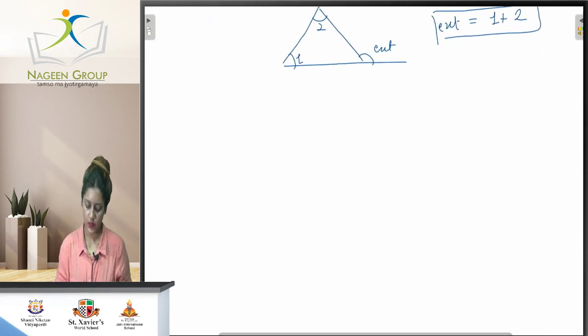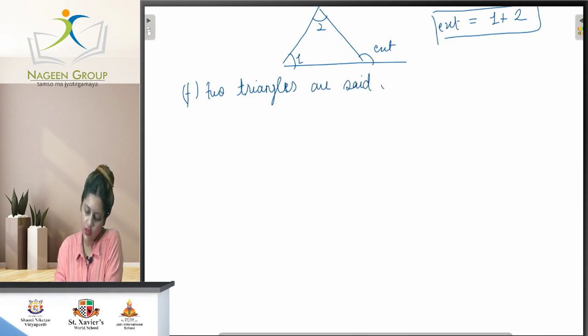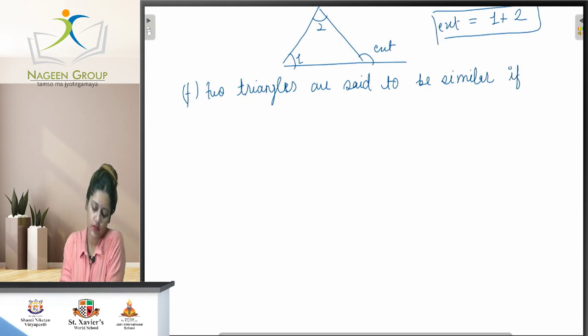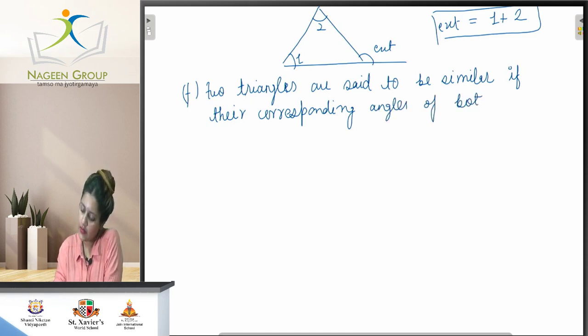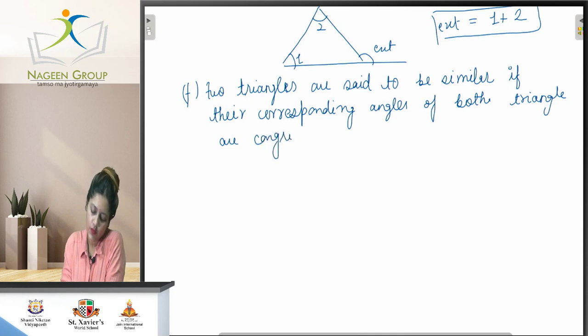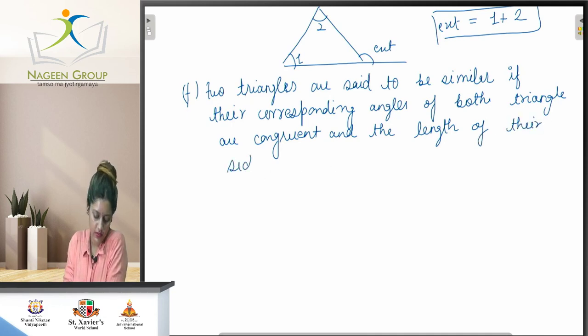Next one is F. Two triangles are said to be similar if their corresponding angles of both triangles are congruent and the lengths of their sides are proportional.